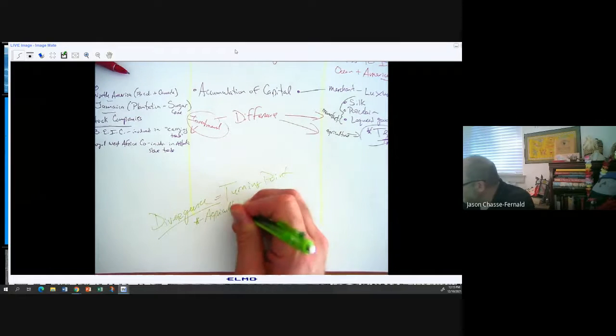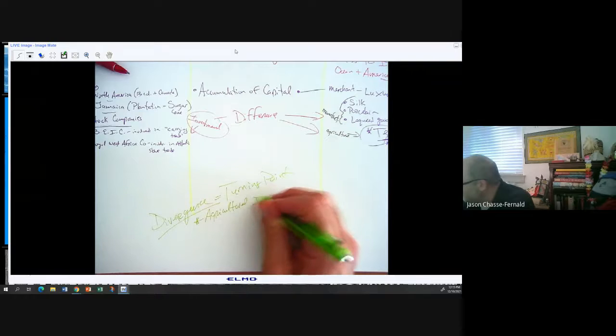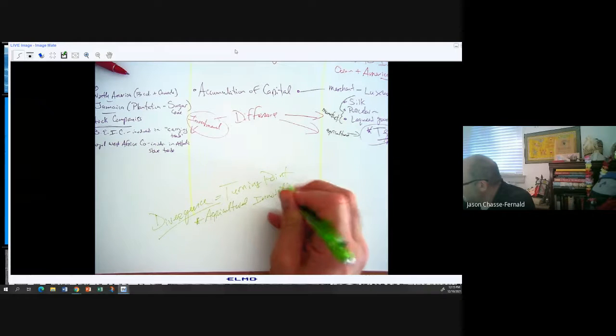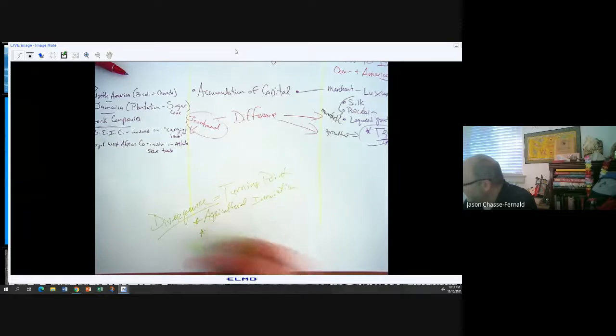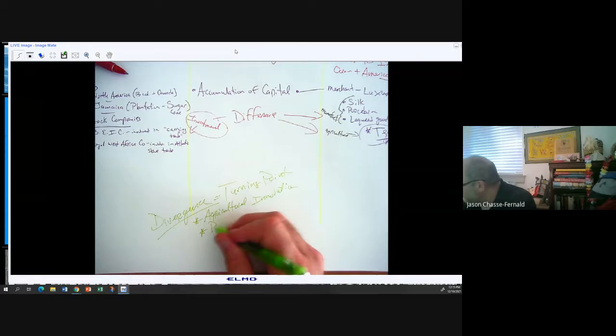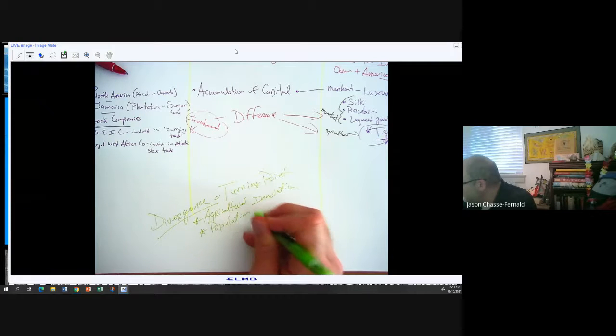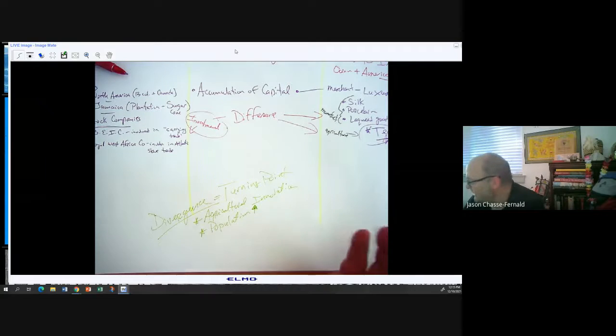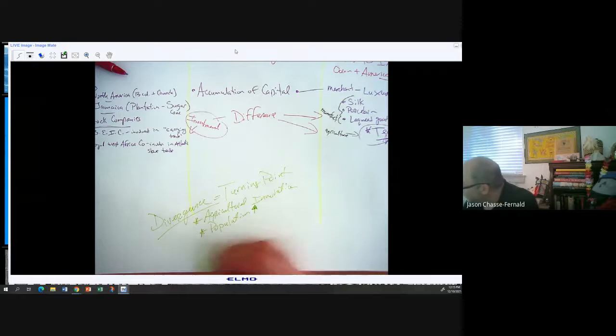Agricultural innovation, and you have introduction of new crops as well. So you're going to see a population increase, and you could contextualize that by talking about maybe the Columbian Exchange and the introduction of the potato to places like Germany or Ireland.